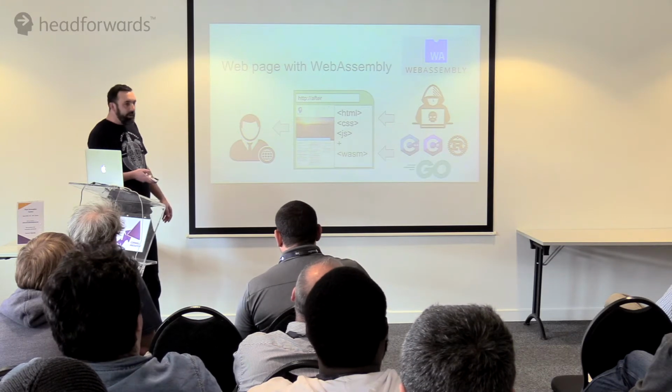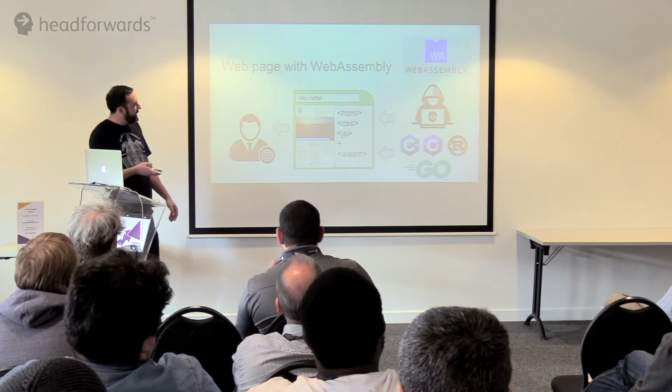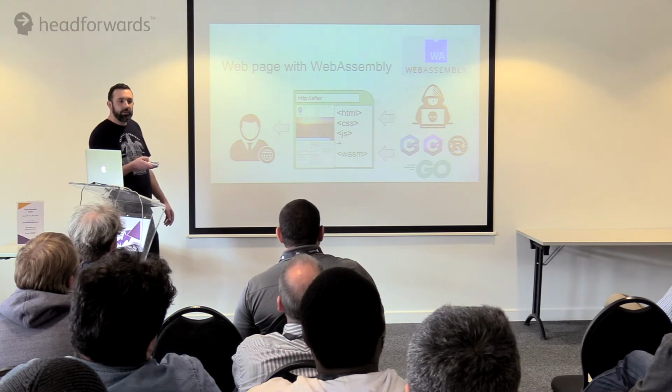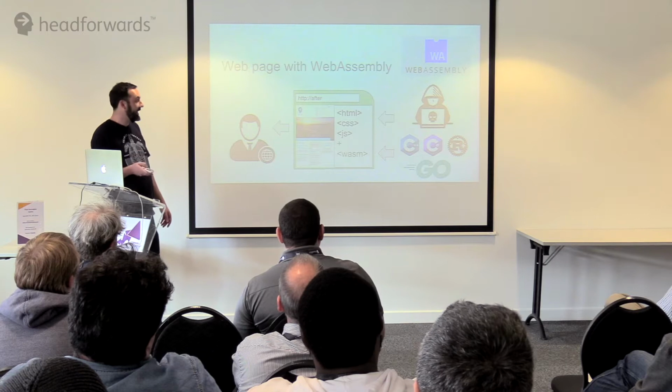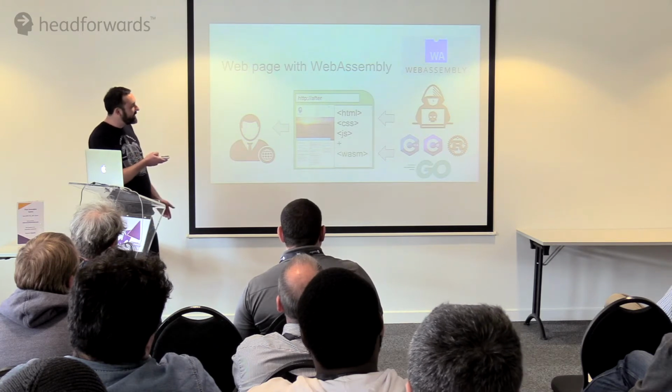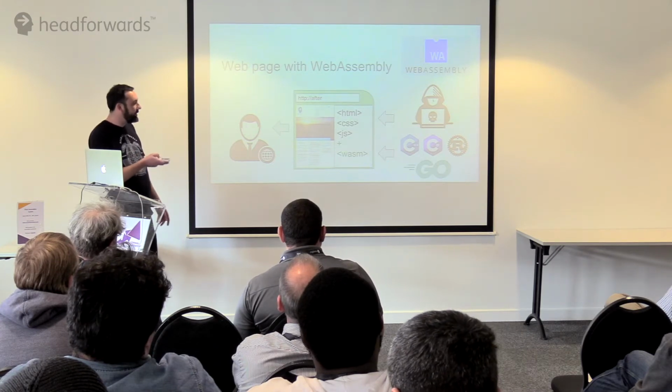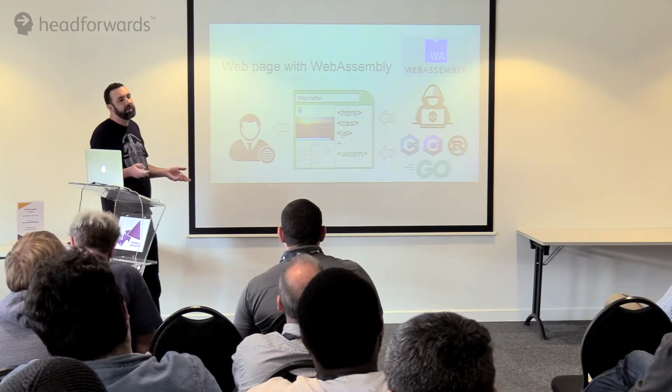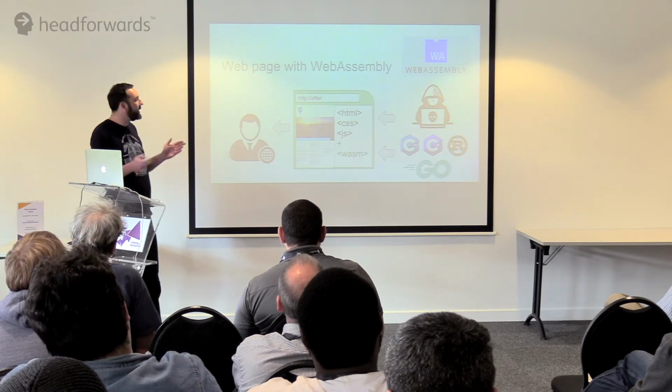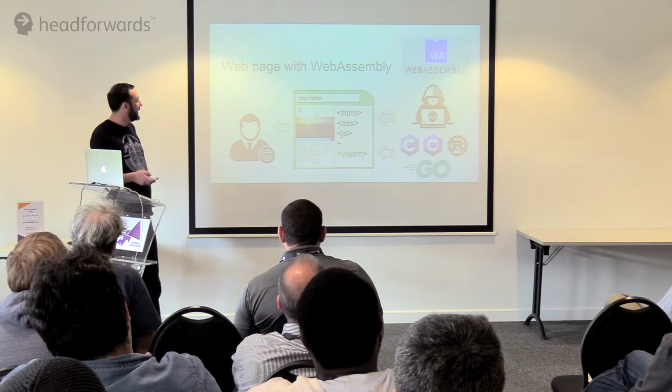What that means for the developer is he can now build that WebAssembly using whatever tools he or she chooses to use. We can use C++, C#, Rust, Golang, potentially any other language that comes along that can compile down to WebAssembly.